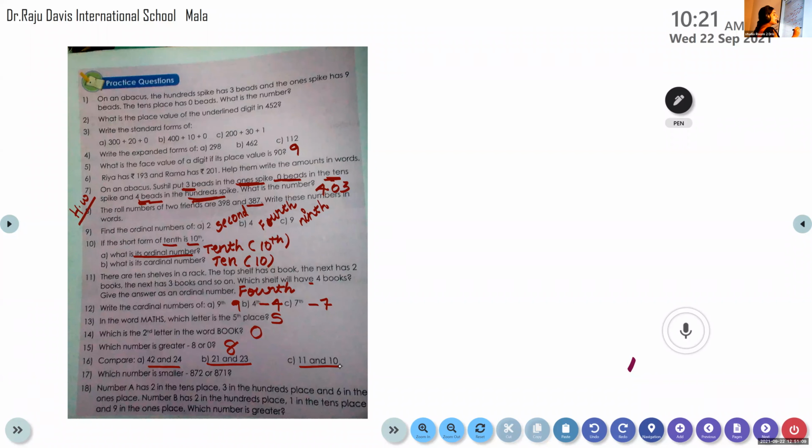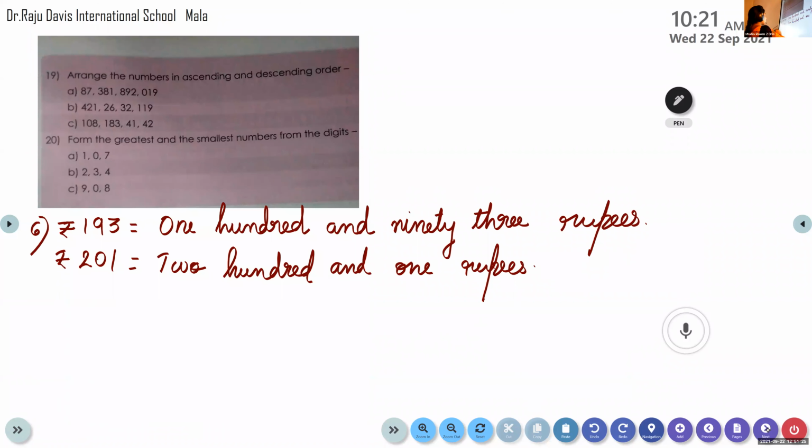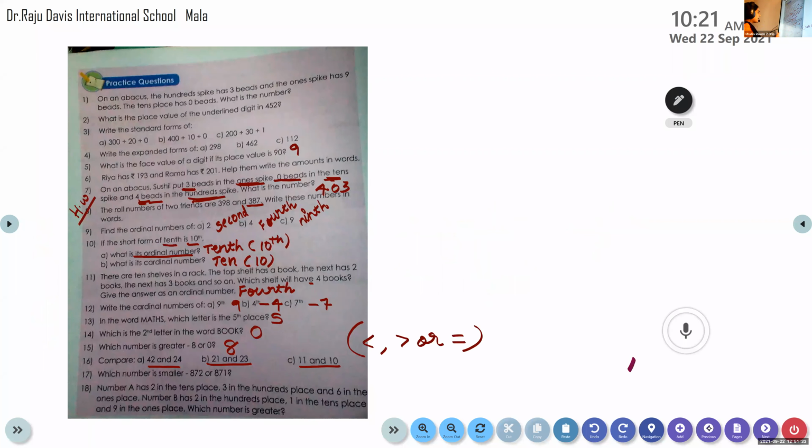You have to use the symbol less than, greater than or equal to. If you don't have enough space there, you can write on the next page. You can put the question number 16 and write the answer. And those who can write the answer in the same space, you can write. Please do it.